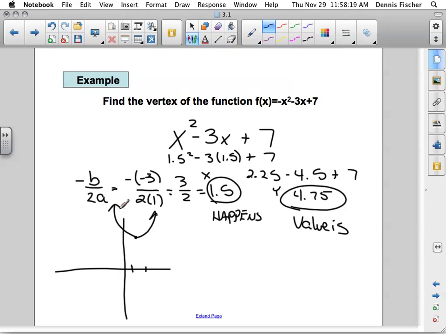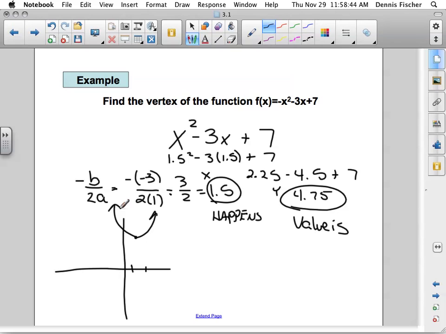The x-intercept would be hard. The y-intercept is very easy. You just plug in 0 for x. So the y-intercept is at 0, 7. Plugging in 0 for your x values will give you your y-intercept. Domain. All real numbers.